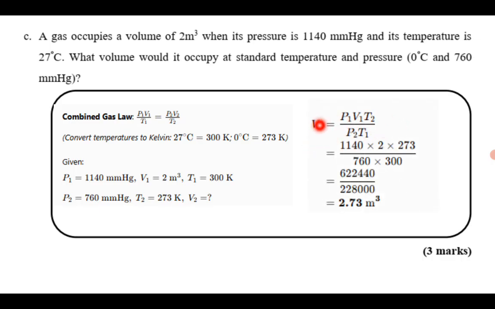If you carefully make V2 the subject of the formula and substitute accordingly, then the volume is going to be 2.73 cubic meters. So it's as simple as that. Just go through the example, do it yourself. You'll find that you should be able to find 2.73 if you do it correctly.